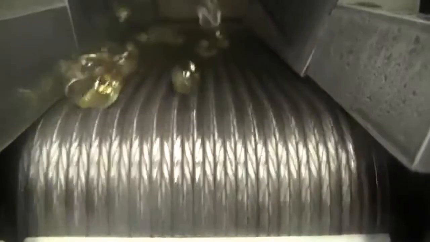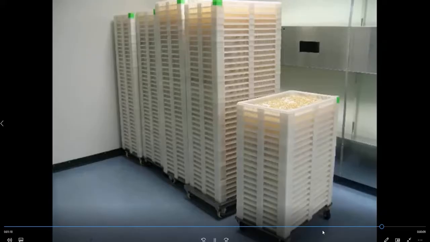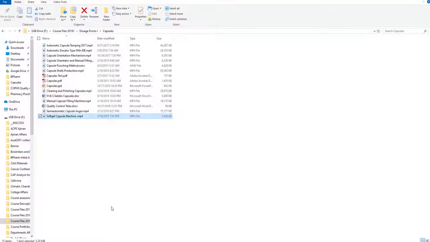Of course, these are the forms of gels that go to the washing part and then to the drying part. Okay.